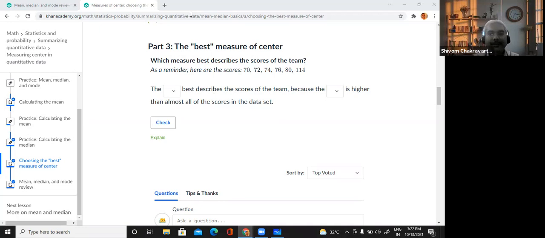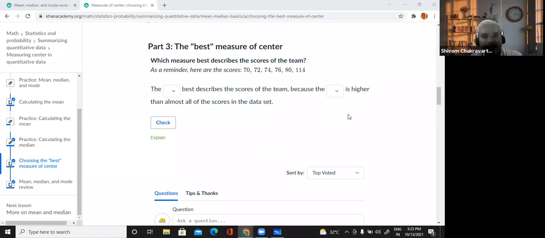The whole class, they were only speaking, giving responses.